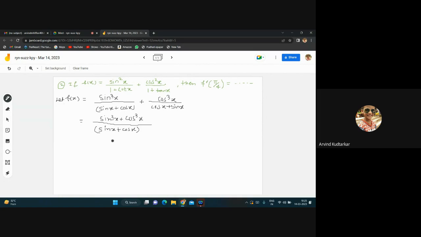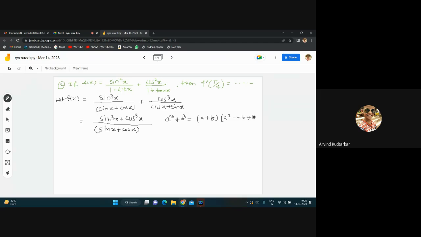Now we have to cancel the factors of sin x plus cos x, otherwise the process of differentiation will be lengthy. So we know the formula for a cube plus b cube. I will write the formulae beside the respective steps. a cube plus b cube is nothing but a plus b into a square minus ab plus b square.